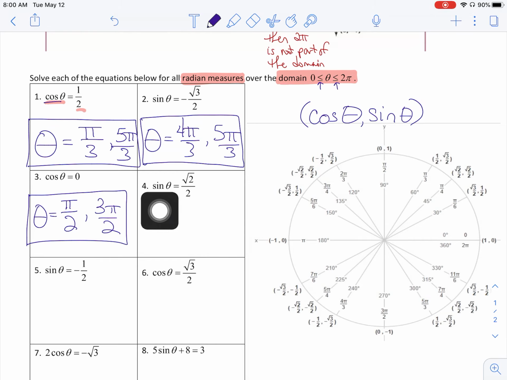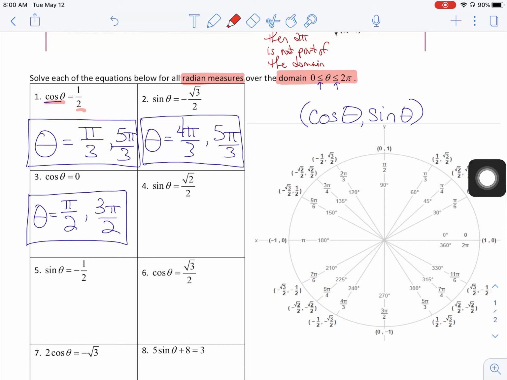Okay? So number 4 here, sine of theta is equal to root 2 over 2. Okay, so remembering that sine is y values. So we have a y value right here on the very edge.